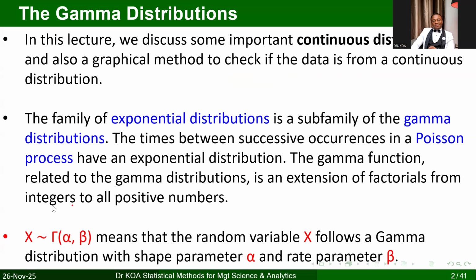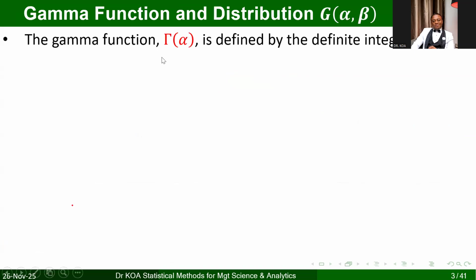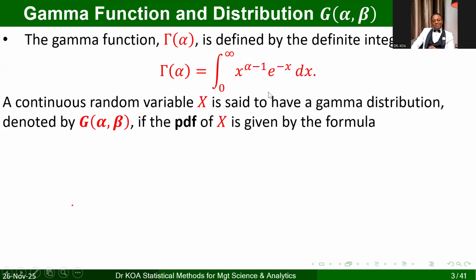Now, this is the gamma function. So if I want to indicate a gamma function, I will say that this gamma symbol with alpha in brackets, which is the shape, is defined by the definite integral. And this is the definite integral.